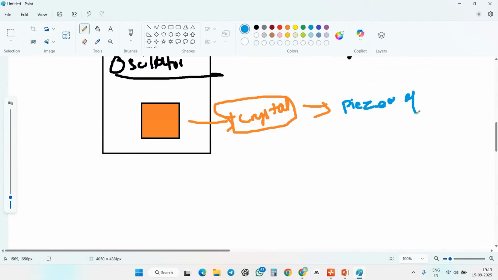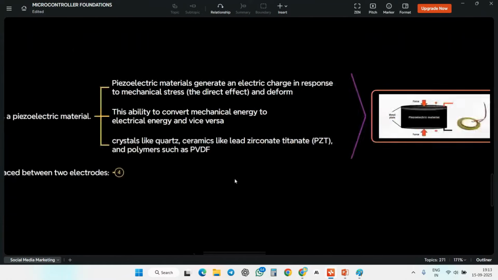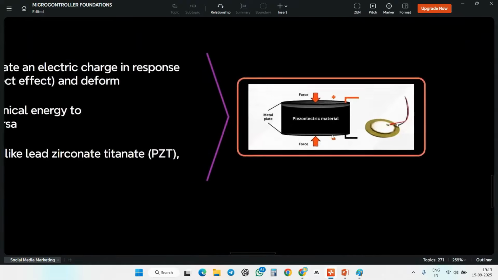The piezoelectric effect means that whenever you apply electrical energy, it produces some mechanical stress, and whenever mechanical stress is produced, it produces electrical energy, vice versa. The crystals available are quartz and ceramics like lead zirconate. This is a piezoelectric material.